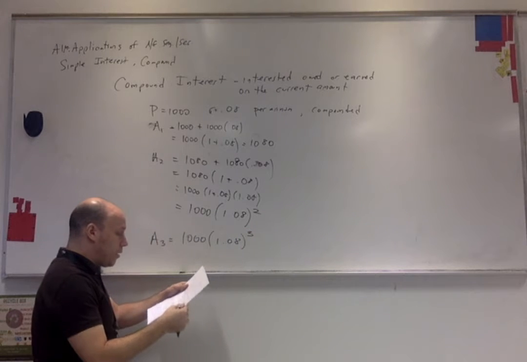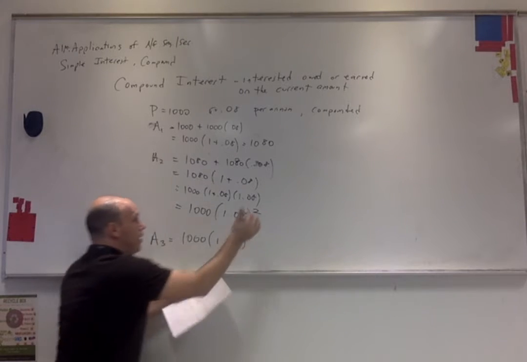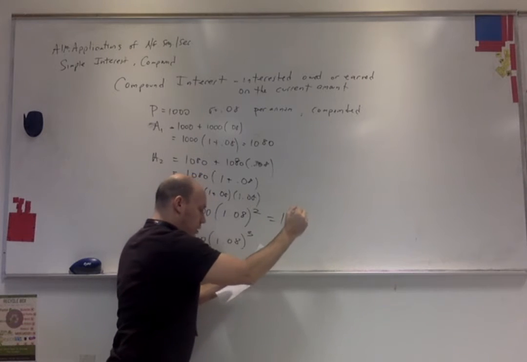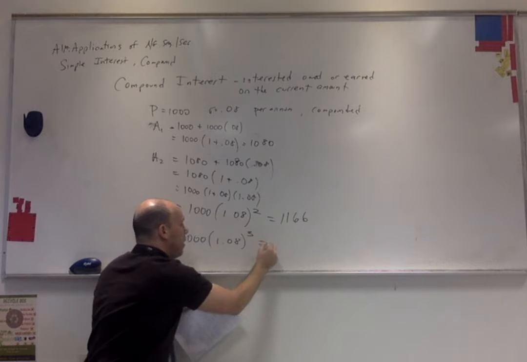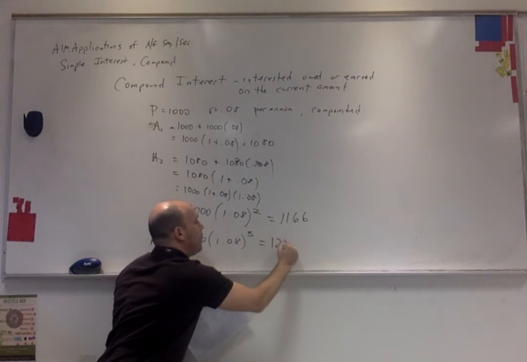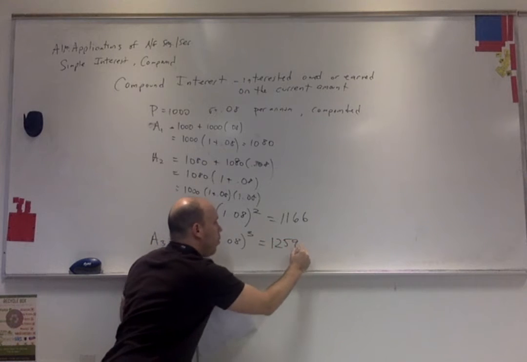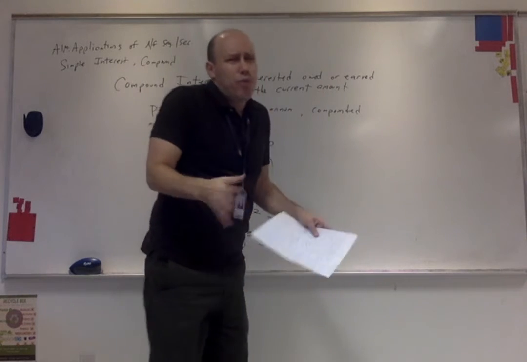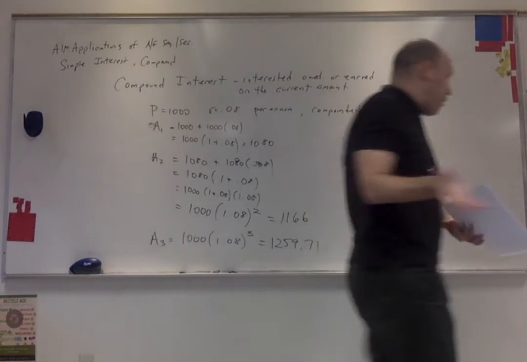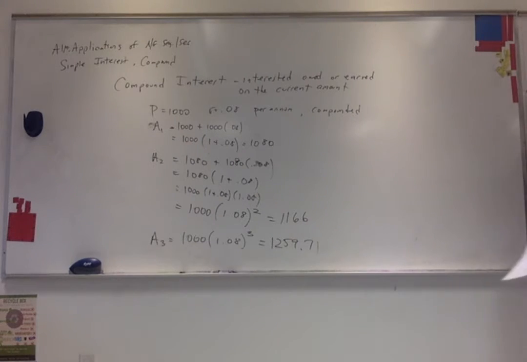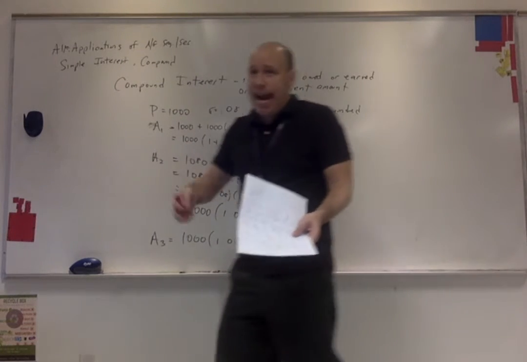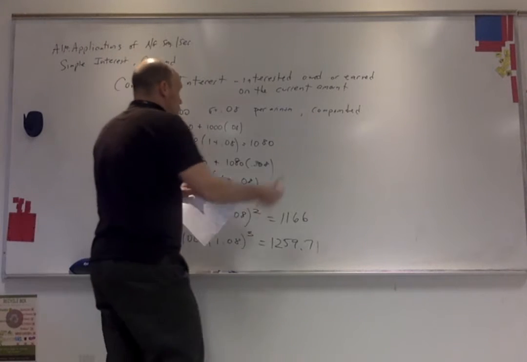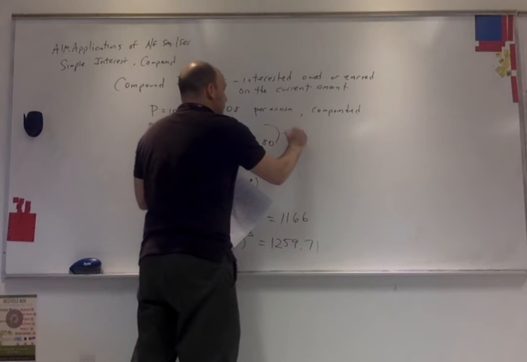Now, what were the numbers here? Let's see, after the second year, it's 1166. And then after the third year, it's 1259.71. Now, in the simple interest, it was really easy to figure out how much interest you were getting each year because you knew it was 80, 80, 80, 80. You can kind of see what's going on here. This is plus 80.